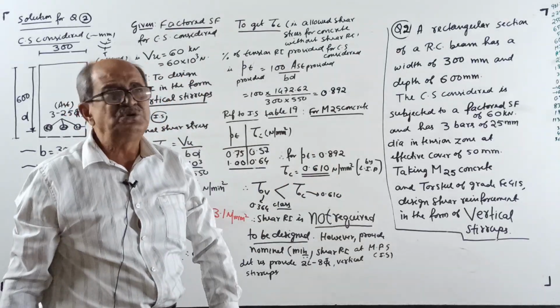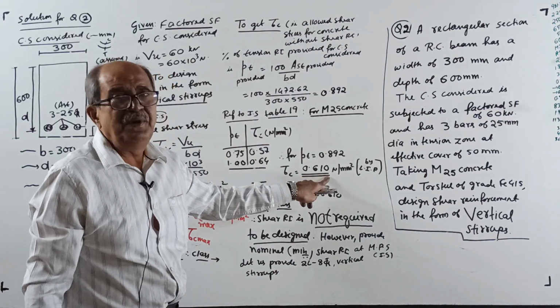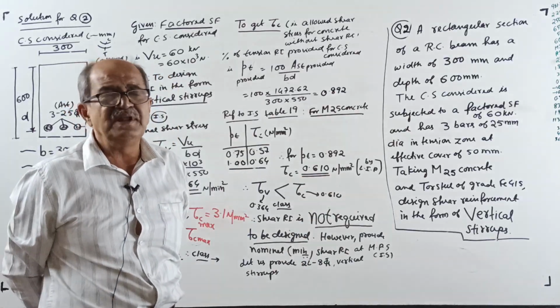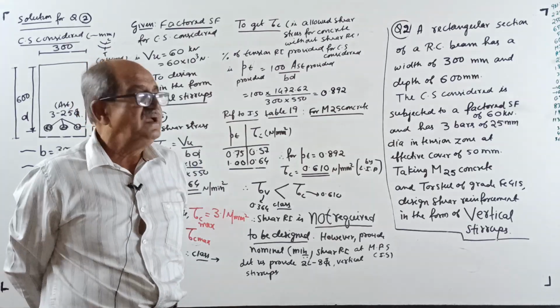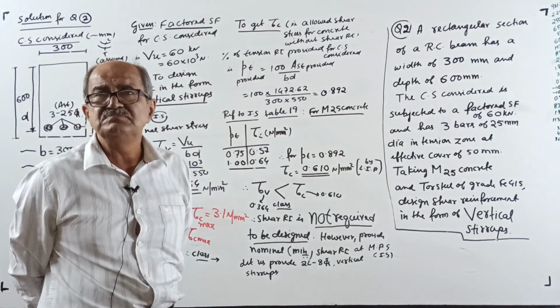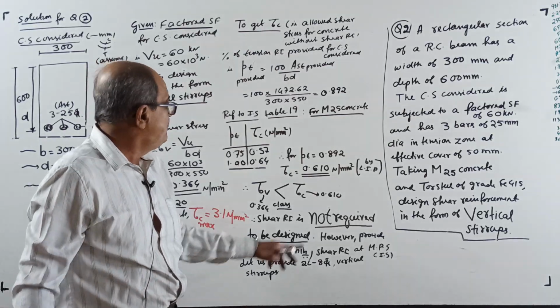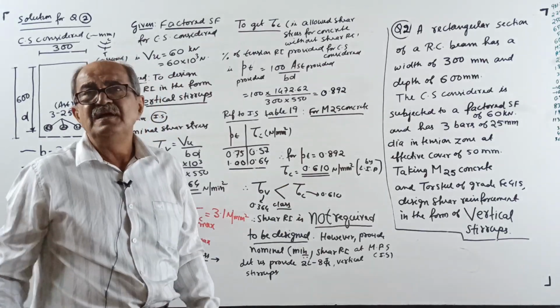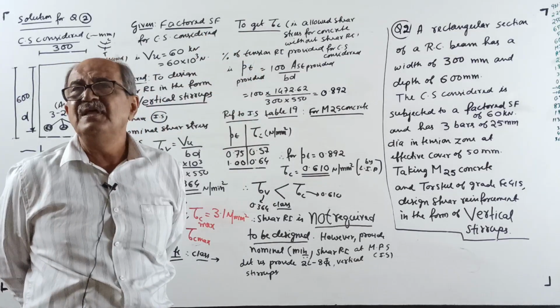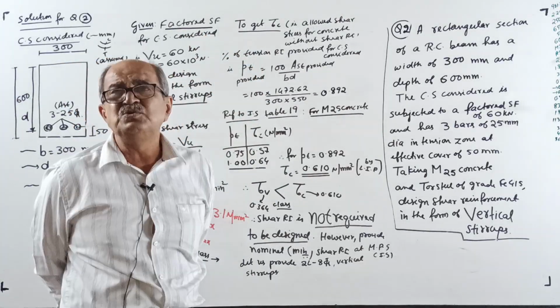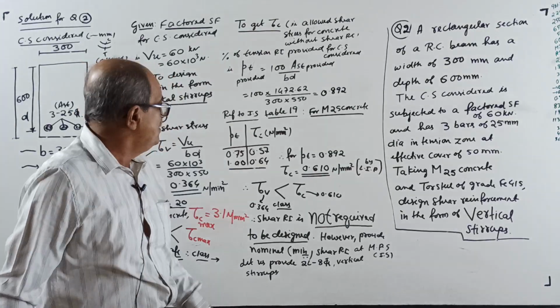Rarely in class, some student will ask, sir, can you please explain linear interpolation? I will say no. It is primary school level, not even high school level. What is interpolation? Intermediate values with linear variation, which I would have done in primary or middle school. I don't require much knowledge.